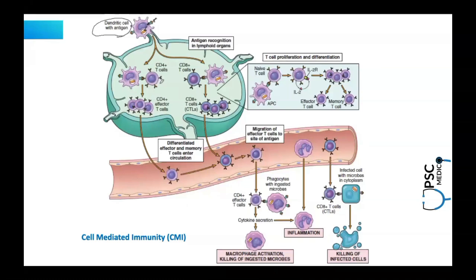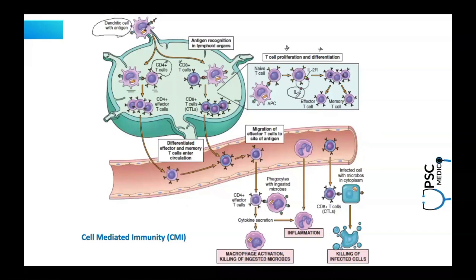For cell mediated immunity, for the response to occur, we got two things here. One is CD4 and the other is CD8. In CD4 T cells, whenever there is an interaction between an antigen presenting cell and a CD4 T cell, there will be T cell proliferation and differentiation. This step occurs with the help of the release of cytokines, mainly interleukin 2.